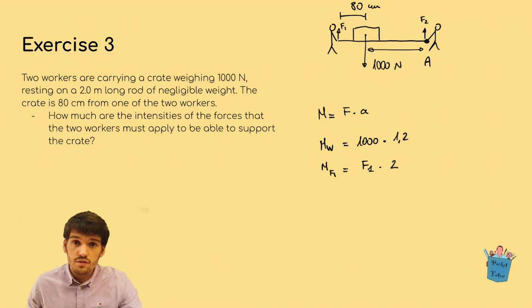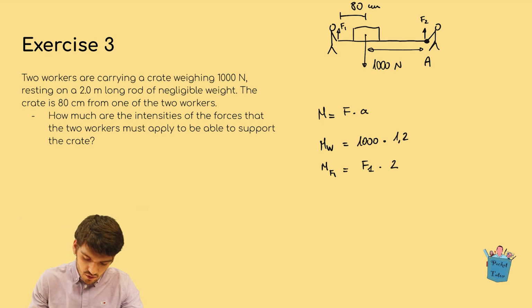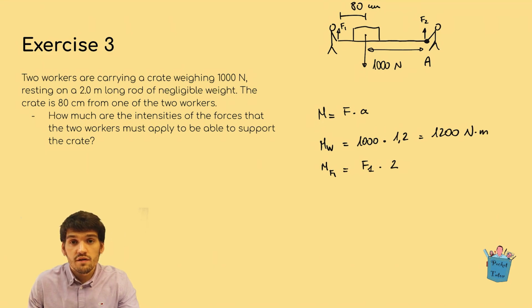Now the momentum given by the crate is equal to 1,200 newton meters, while for the second one we don't know its value, but we know that the two momentums must be equal in order for the weight to be in equilibrium.